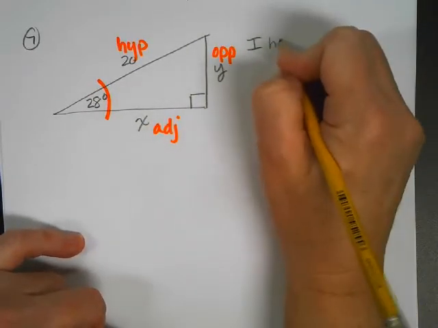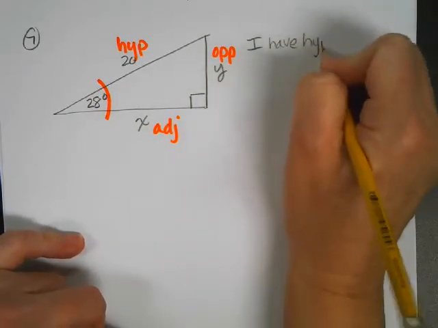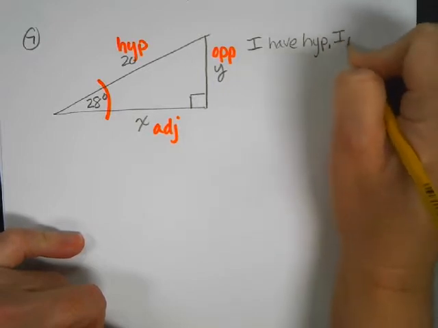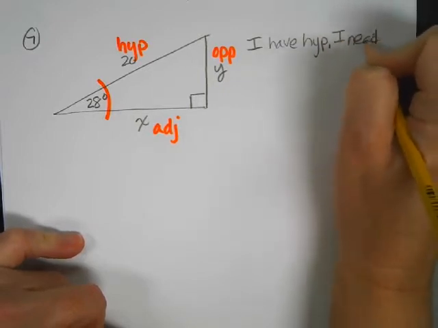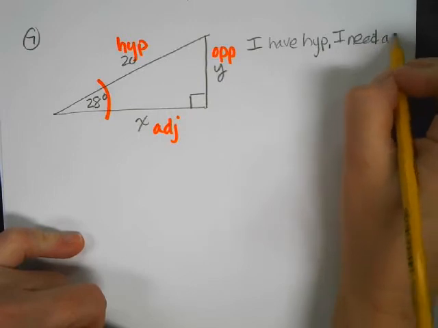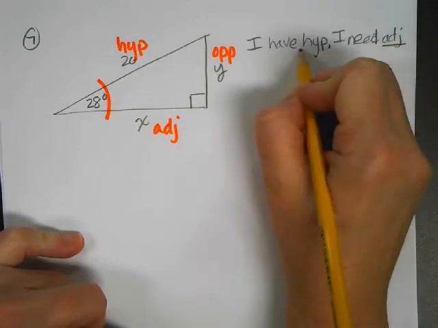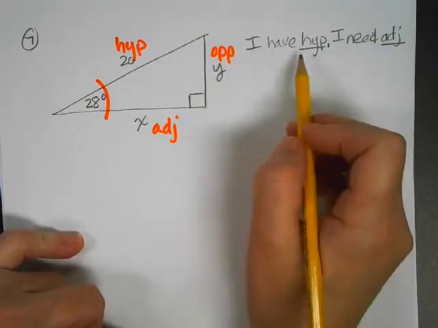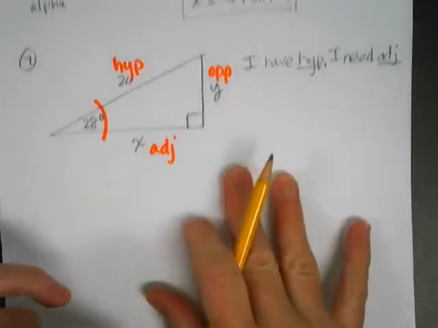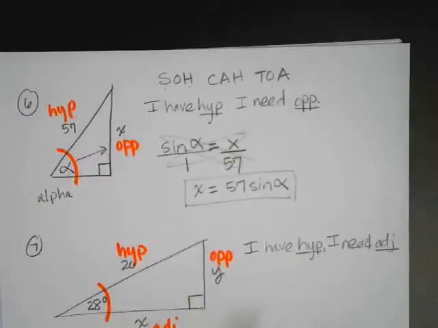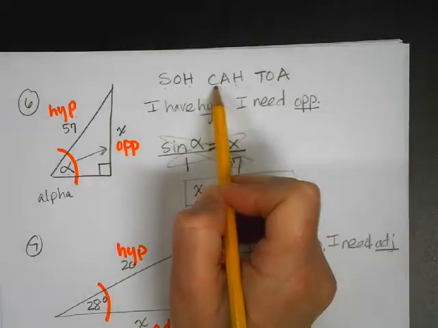So I have hypotenuse. I need adjacent. Okay, so hypotenuse and adjacent. H and A corresponds to C, so that's going to be cosine.